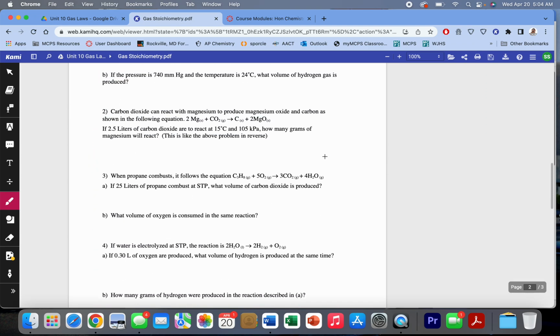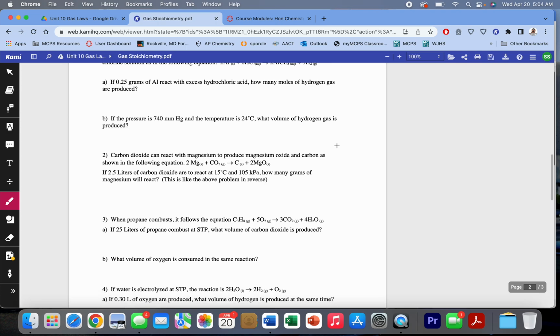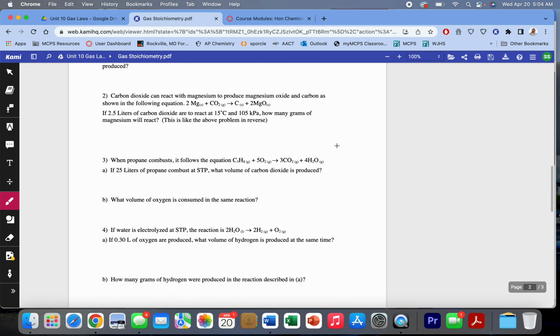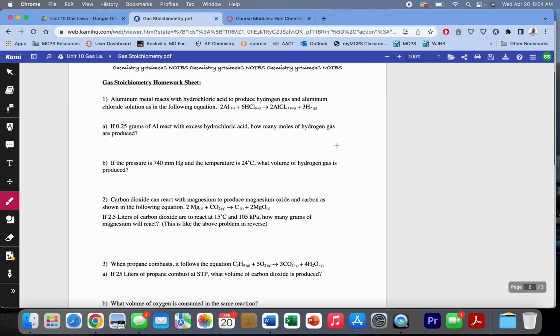All right. Anyway, so we've got some practice problems, and so let's see what we've got here. And you may notice there are 4 practice problems, but they come in varieties. So, like in this case, we have grams of aluminum, and we're trying to find hydrogen gas, and it's not at STP, I don't believe.